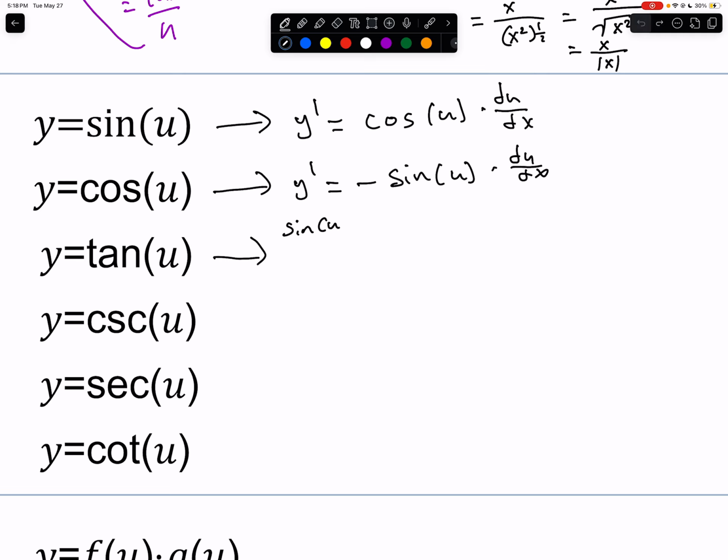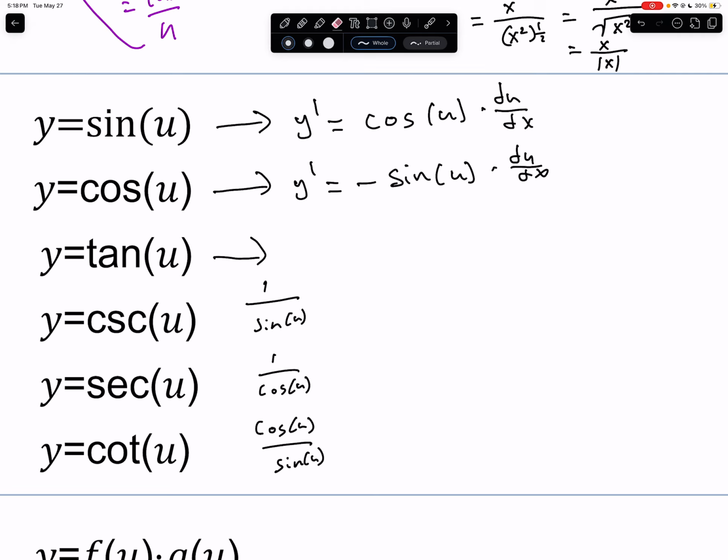Something like a 1 over sine of u quotient rule, 1 over cosine of u quotient rule, cosine of u over sine of u, if you're really stuck. But at this point you should just know these cold.